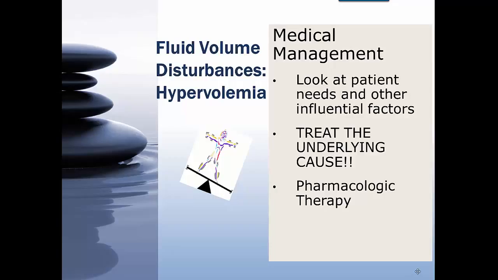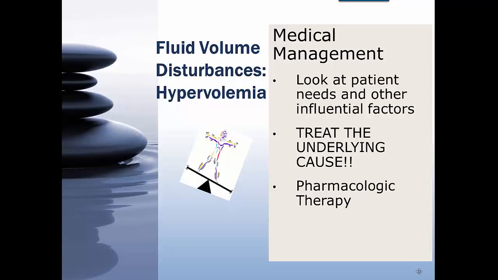The choice of diuretic depends on the severity of the hypervolemia, the patient's kidney function, and the potency of the diuretic. Some are the thiazide diuretics, such as hydrochlorothiazide or metolazone. They block sodium reabsorption in the distal tubules of the kidneys, and they're prescribed for mild to moderate hypervolemia.